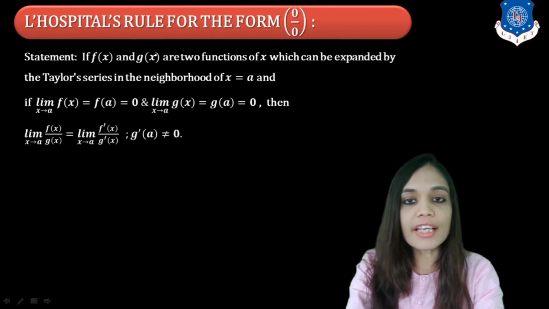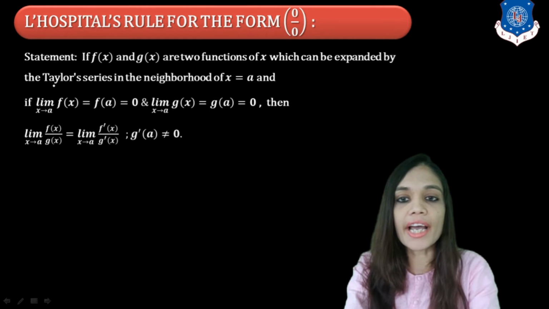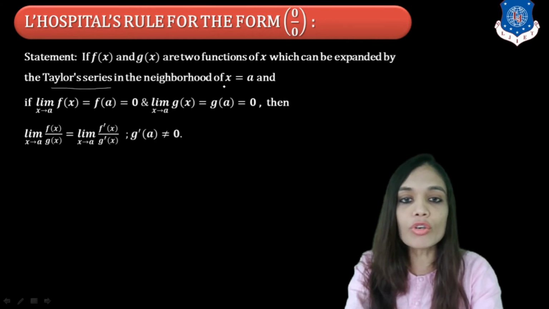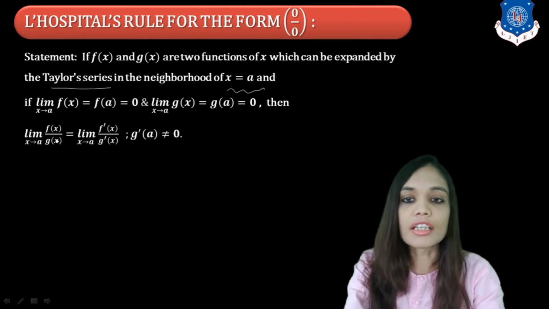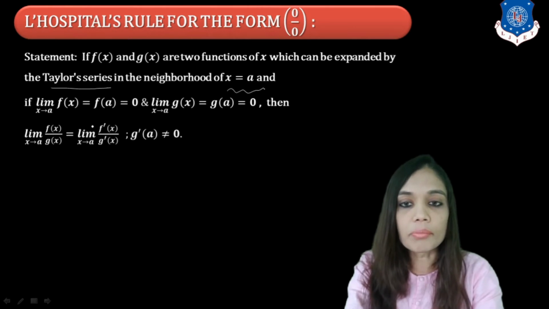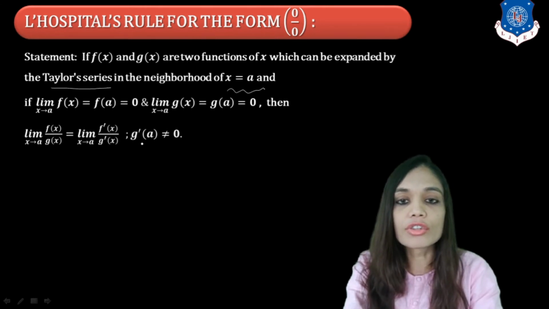If f of x and g of x are two functions of x which can be expanded by the Taylor series in the neighborhood of x is equal to a, and if limit x tends to a f of x is equal to f of a is equal to 0, and limit x tends to a g of x is equal to g of a is equal to 0, then limit x tends to a f of x upon g of x will be equal to limit x tends to a f dash of x upon g dash of x, if g dash of a is not equal to 0.